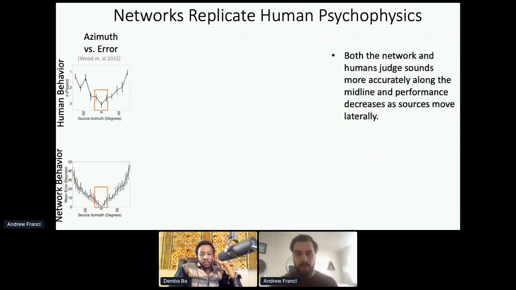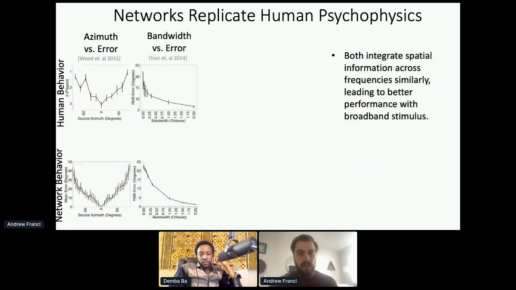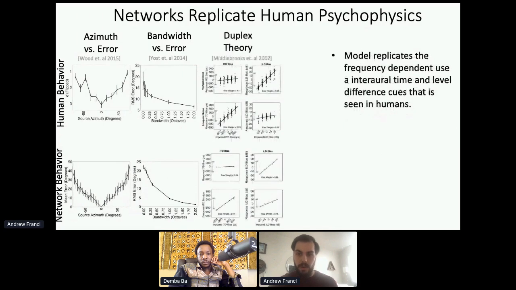So going from left to right, we first have evidence that both the network and humans judge sounds more accurately along the midline, and performance decreases as sources move laterally. Next, we show that both models and humans integrate spatial information across frequencies in a similar manner. Third, our model replicates the frequency-dependent use of interaural time and level difference cues that is seen in humans. This is also known as duplex theory and is considered one of the most fundamental results in the binaural literature.